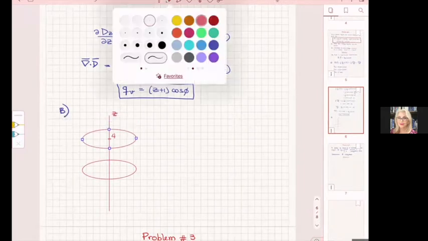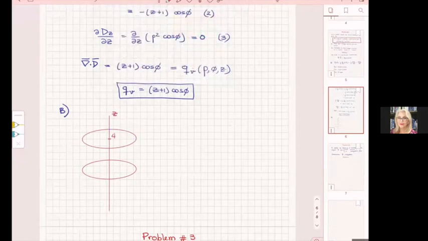So practically we put this 2 here like this and like this. Okay, and that is the volume. So it's like a slice of the cylinder where Z here is 0 and this one is 4.